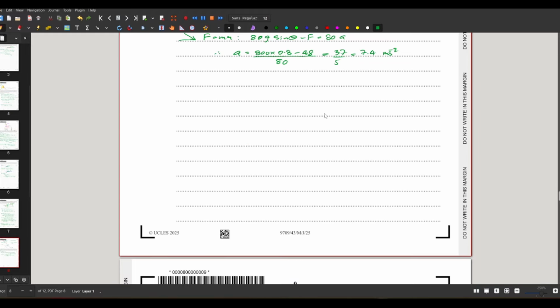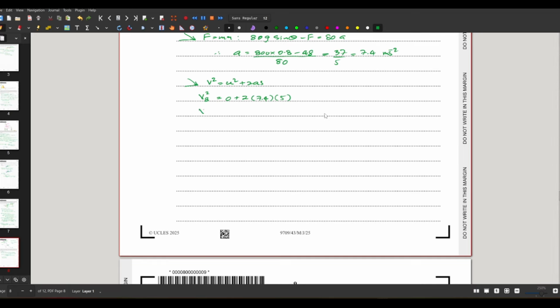Now you can apply downwards v square equals u square plus 2as. So VB square equals u square is 0, 2 times the acceleration 7.4 times the distance traveled is 5.